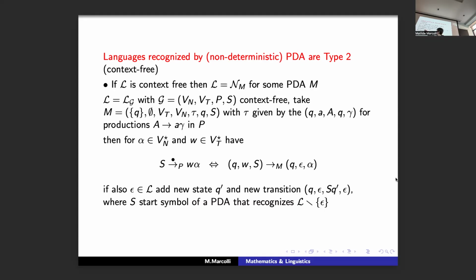But now you typically have production rules that take a non-terminal and give you something that contains some terminal and some non-terminal. If you have something like this, then this corresponds to an instruction where the terminal is what you read on your tape, and whatever string of non-terminals remains is what you actually deposit in the stack at the end.